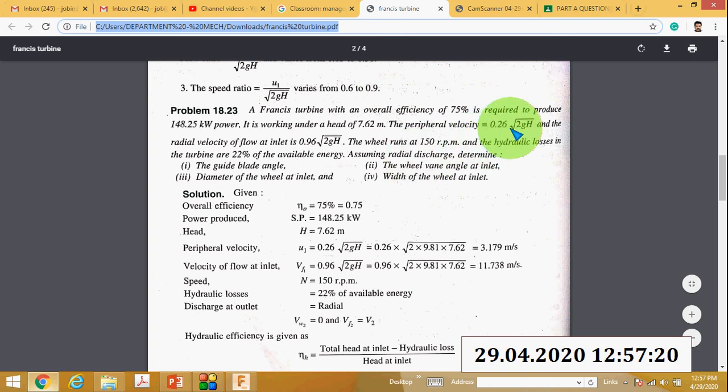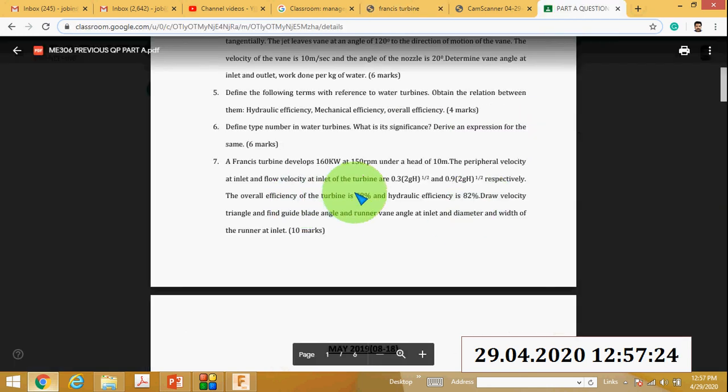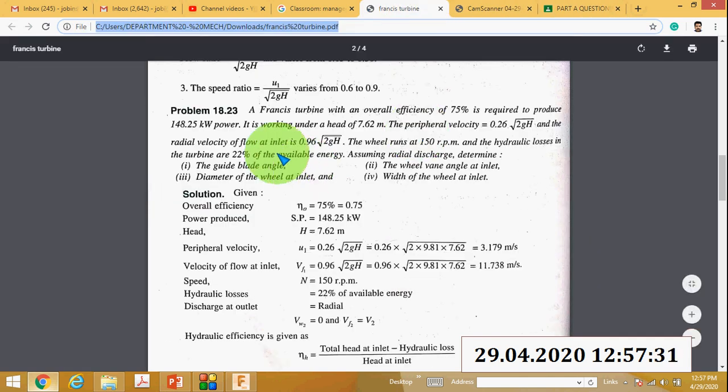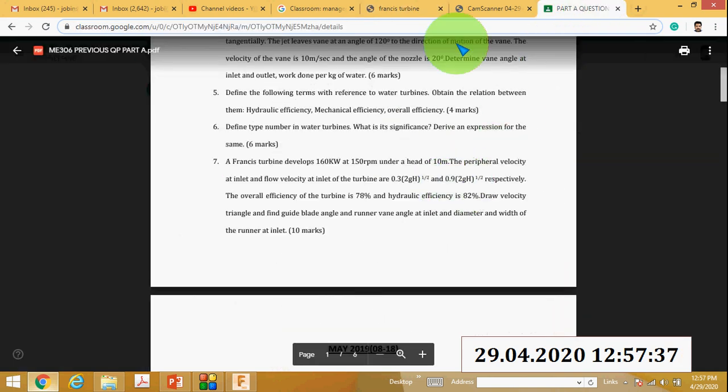Then the peripheral velocity, that means u1, is equal to 0.3 into root of 2gh, and the velocity of flow at inlet, there it is 0.96 root of 2gh, here it is 0.9 root of 2gh. So that is vf1.